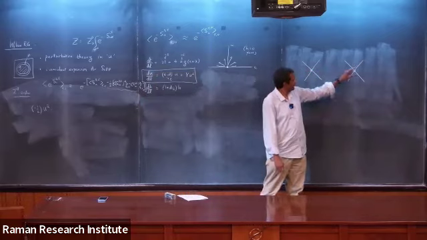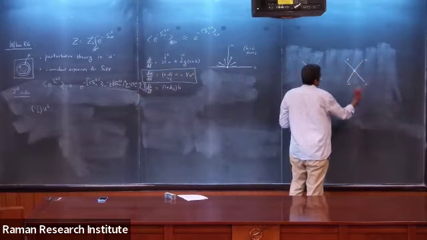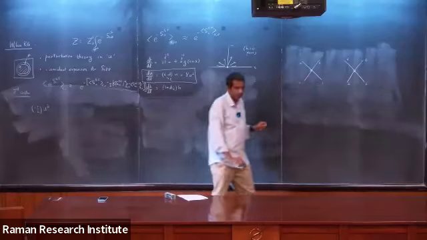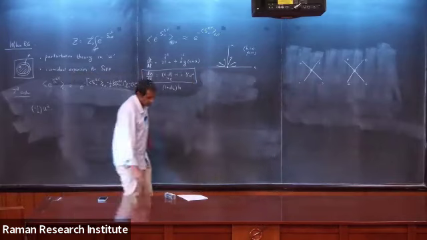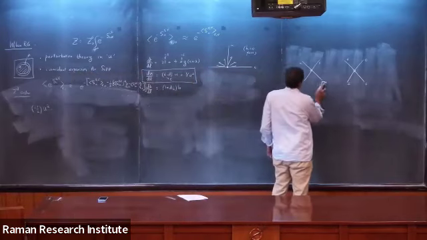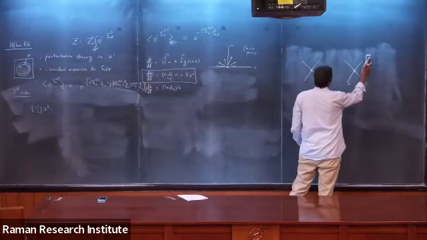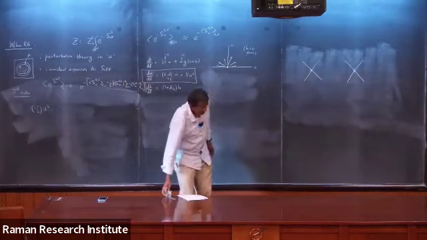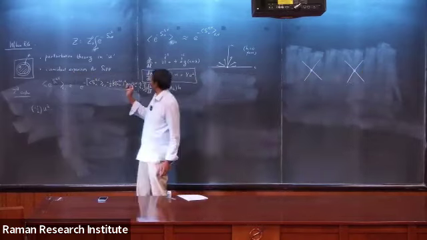In other words, I can't assign all of these as fast and all of these as slow, because that will not contribute when I subtract off the square of the average. Okay. So our assignment is going to be such that the slow and fast fields are assigned so that we are looking for something which contributes to the interaction.